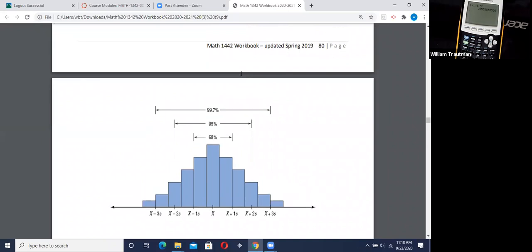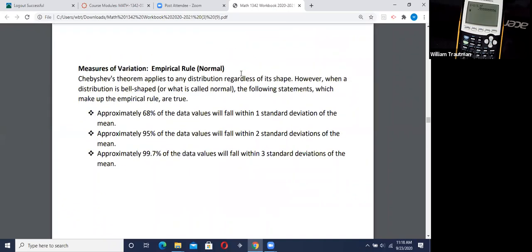In the empirical rule, they show you one standard deviation. It's different from Chebyshev's. Two standard deviations in Chebyshev's was 75%, but in this empirical rule, two standard deviations is 95%. You can't do one standard deviation for Chebyshev's, but for the normal curve, it's 68%, and three standard deviations down at the bottom is 99.7%.